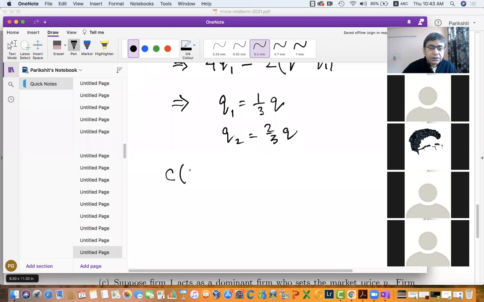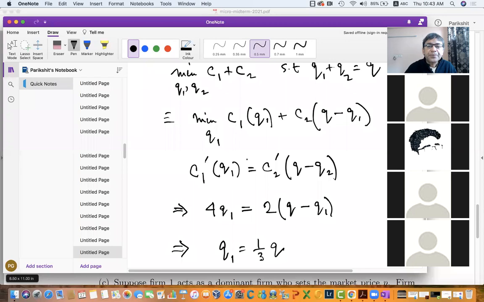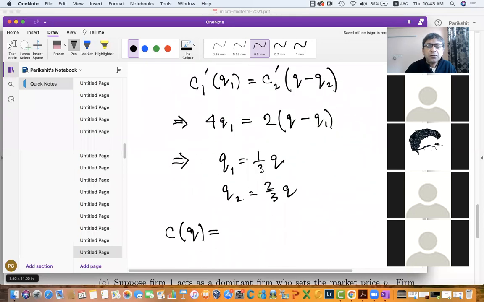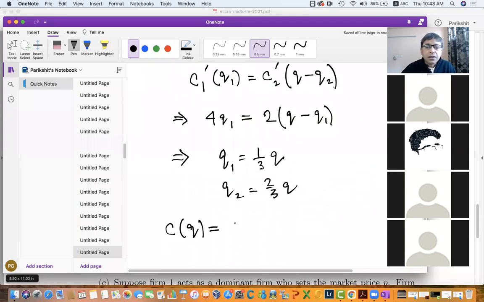So the cost function for the monopolist, the consolidated cost function, is C1 of Q1, so 2 times 1/3 Q squared, plus this 2/3 Q squared.